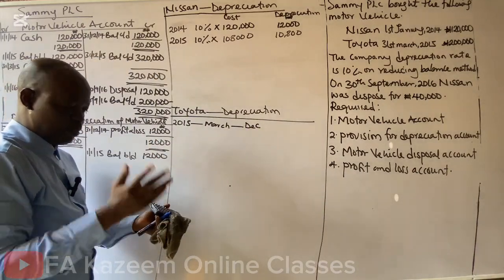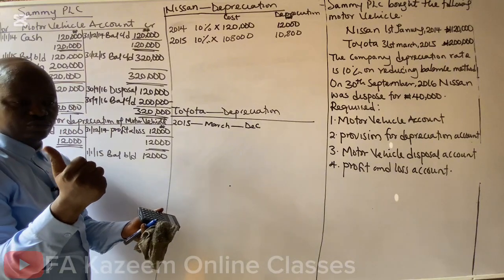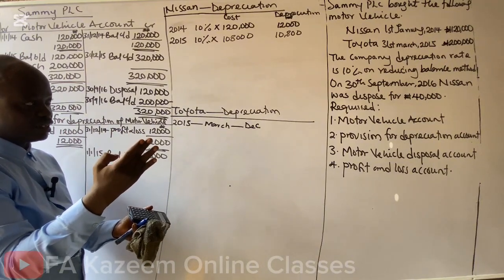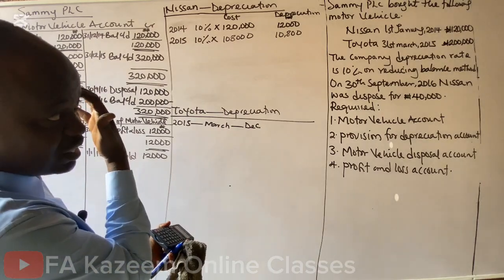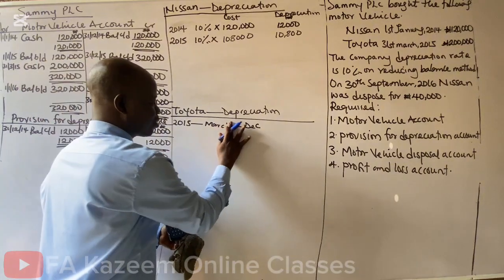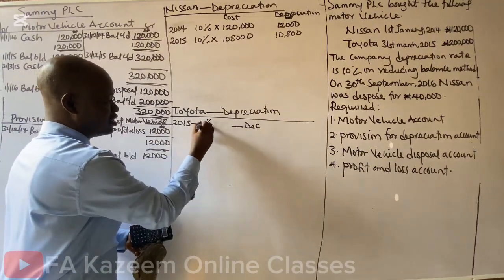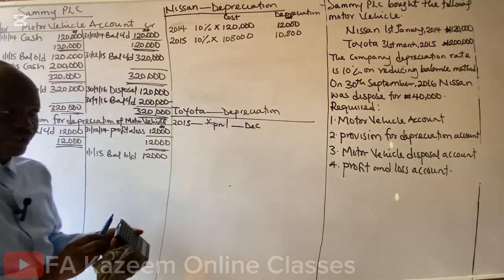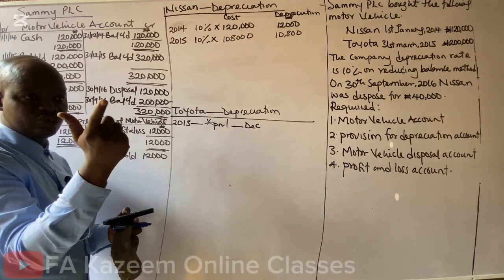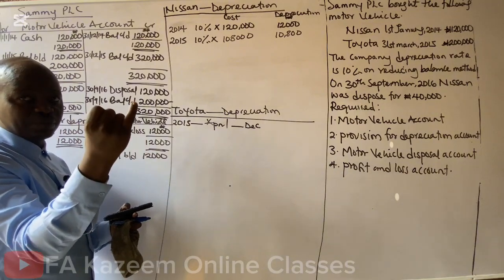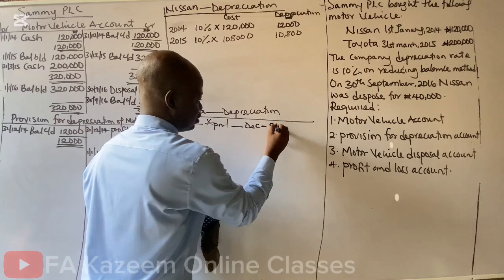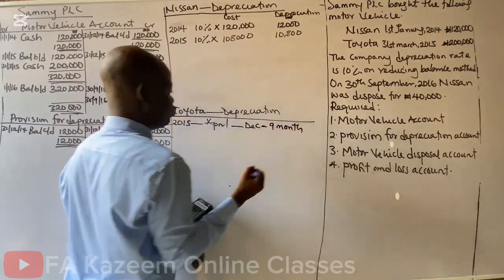It was acquired on 31st of March, so its usage will start from April. That is April to December. Let's count: April, May, June, July, August, September, October, November, December. That is 9 months. It has 9 months usage in 2015.